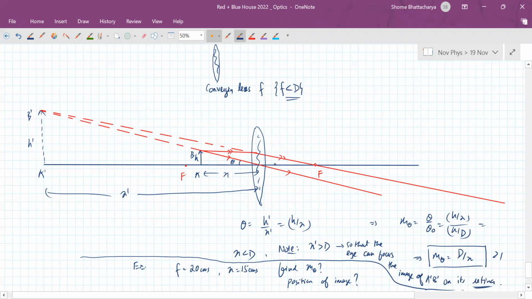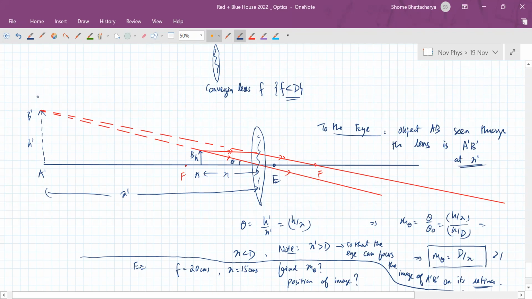So the human eye is observing this from this side, and to the eye, the object AB seen through the lens is A prime B prime at x prime.